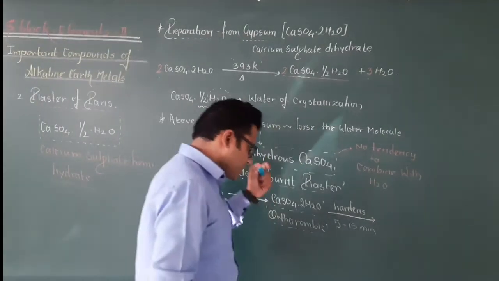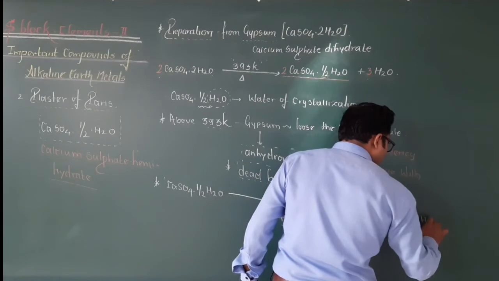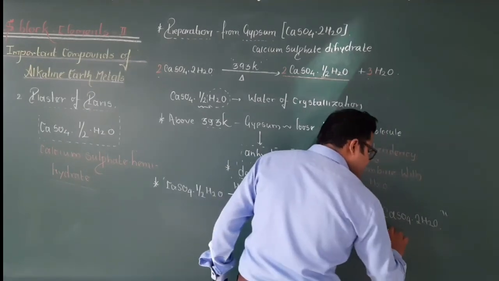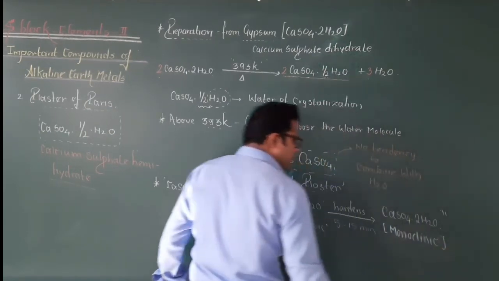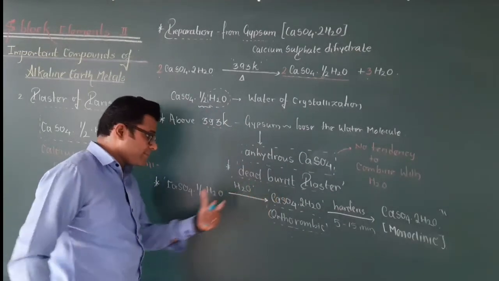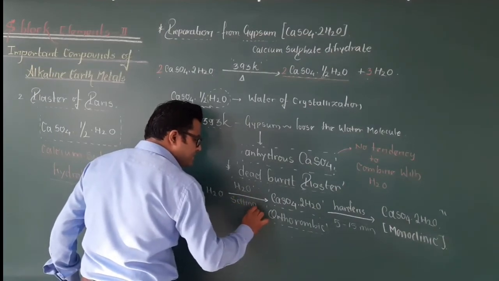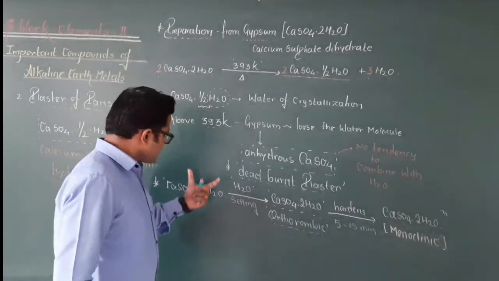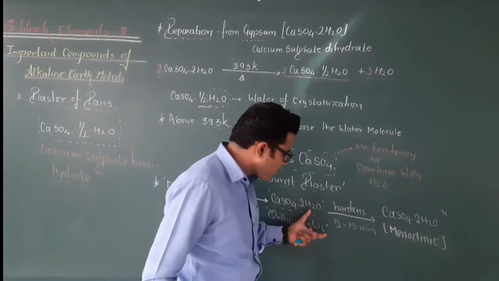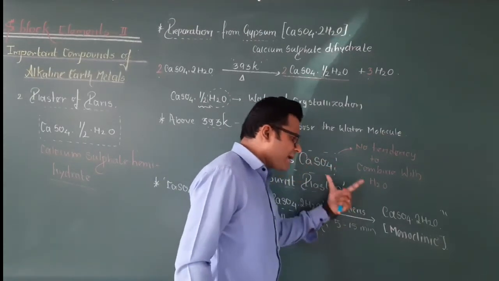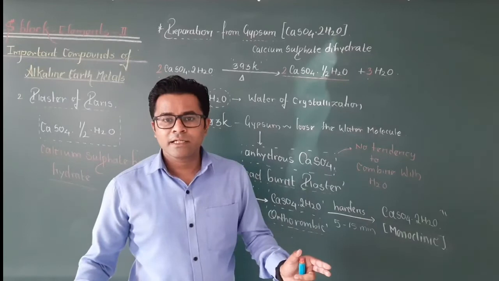As it hardens, it forms CaSO4.2H2O, but this time it becomes monoclinic. This first step, wherein we react it with water, we call the process of setting: calcium sulfate hemihydrate changes into gypsum in the orthorhombic form, and from there it hardens to give us calcium sulfate dihydrate, which is monoclinic in its crystalline structure.